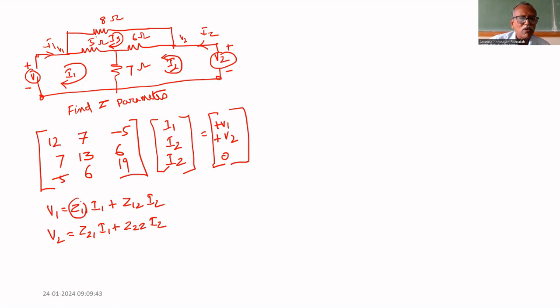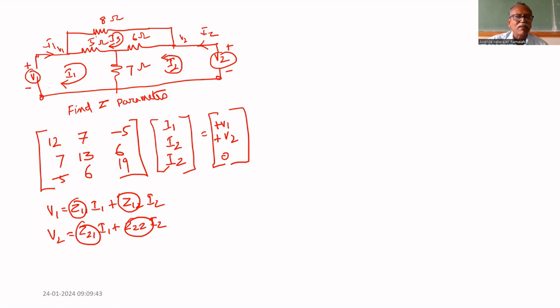Here we have to find Z11, Z12, Z21, Z22. If we eliminate this I3 completely from this, then automatically you will get Z11, Z12, Z21, Z22. That is the idea.